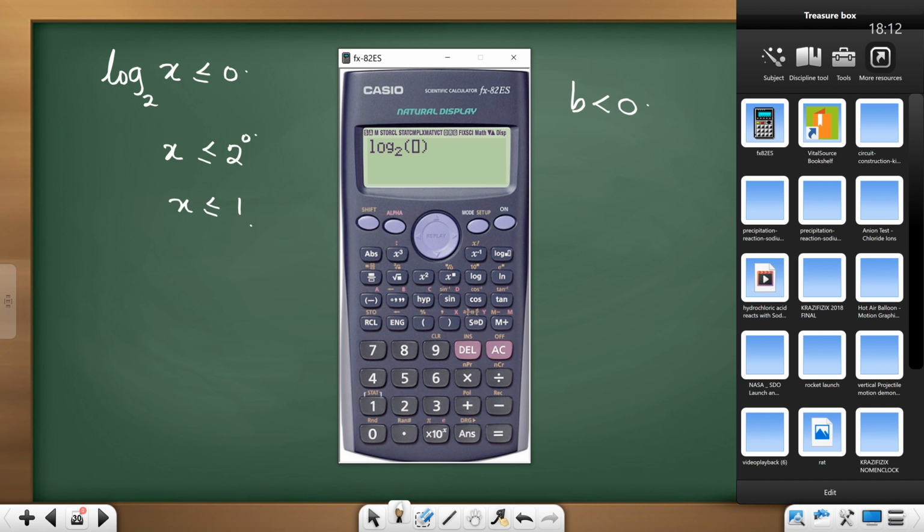Give me a number less than 1. 0.5. Let's start from positive values. What's your answer? See, your answer is negative 1, which means it is less than 0. Because we are saying x is less than 1, I'm putting numbers that are less than 1.